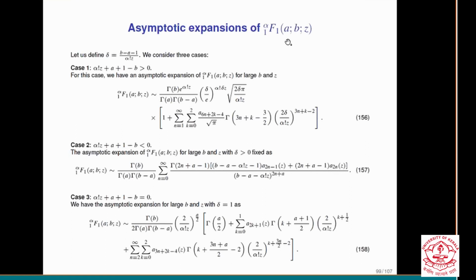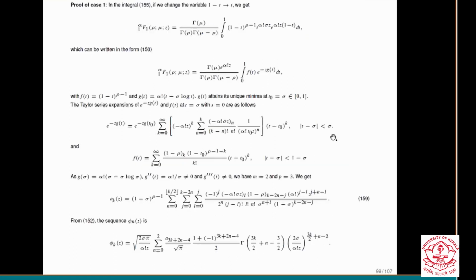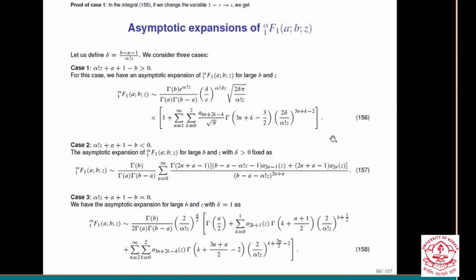In case 1, when alpha z plus a plus 1 minus b is greater than 0, we get 156. And second, when this is less than 0, we get 157. And the third case, when it is equal to 0, we get 158.